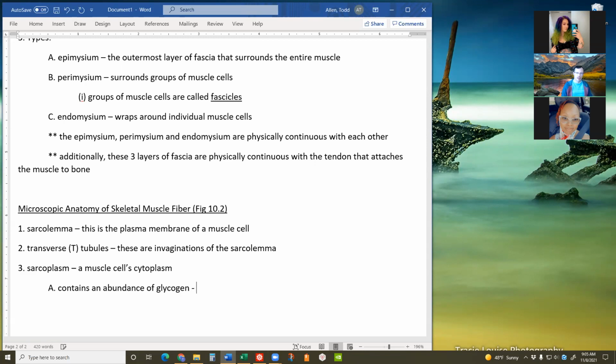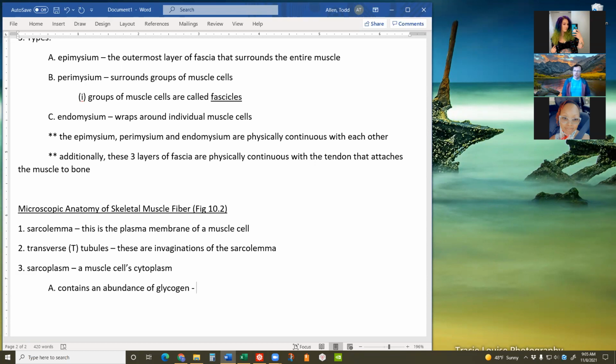Glycogen, as you may recall from exam 1, is the primary storage polysaccharide, carbohydrate, for animal tissue. And so what I'm telling you is that muscle fibers are loaded with glycogen because the muscle cells need an abundance of biochemical fuel to power that contraction, right?